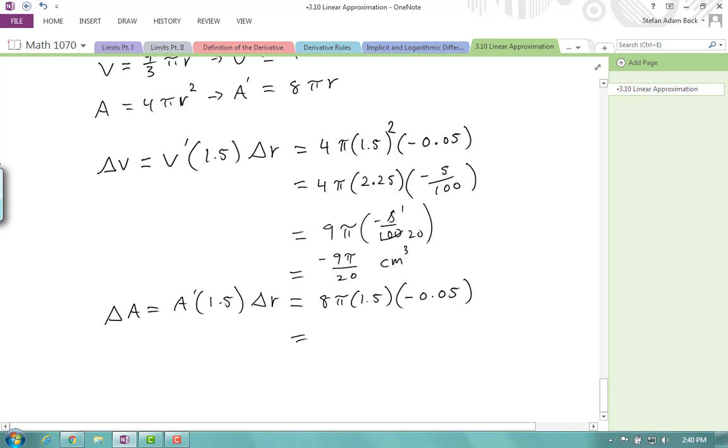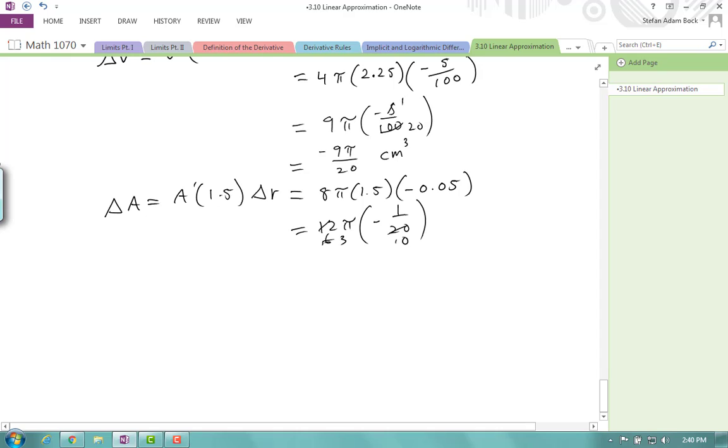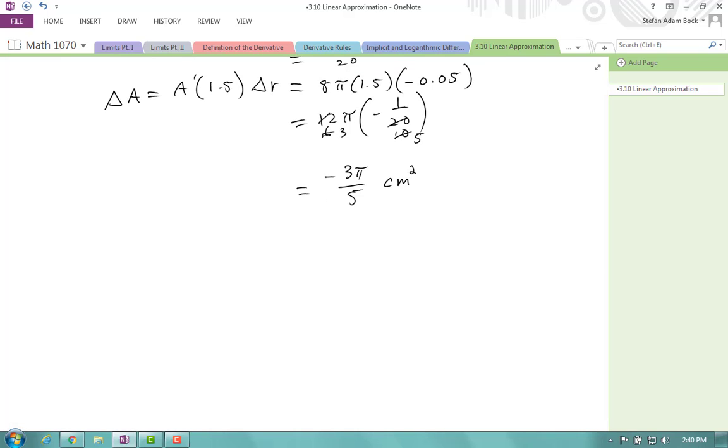And out of that, I get 12 pi times negative 1 over 20, or negative 3 pi over 5. And this also has units. It'll be square centimeters. It's also a negative value because the surface area is also shrinking as the jawbreaker shrinks in size. These can be used to estimate maximum possible error.